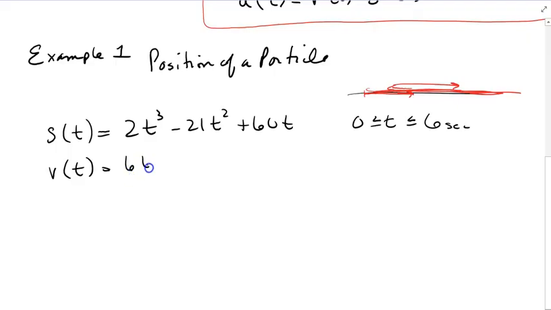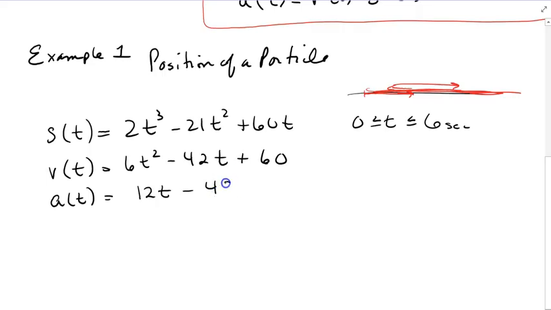That's going to give us 6t squared minus 42t plus 60. There's our velocity function. And depending on the questions we get asked, we might need acceleration. So let's go ahead and find that. Acceleration, of course, is the derivative of the velocity function. So 12t minus 42.